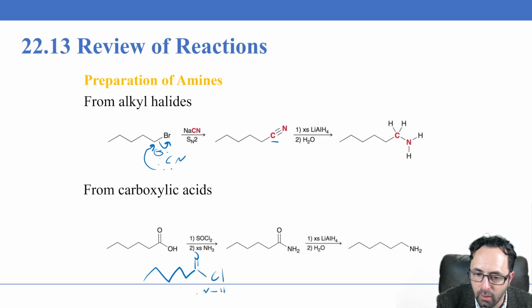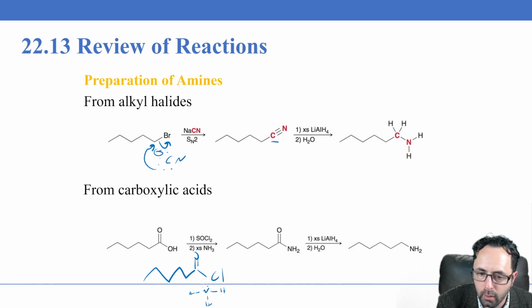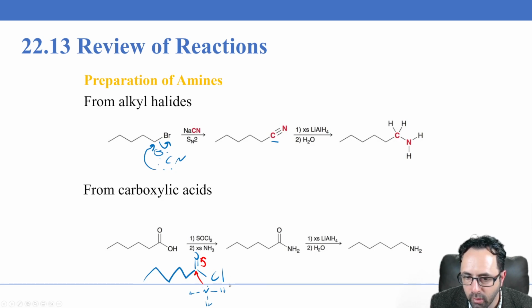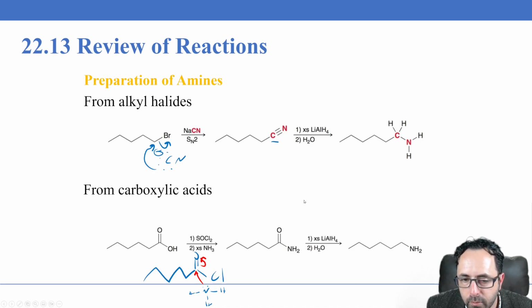This ammonia now is going to behave as a nucleophile and do a nucleophilic attack on this electrophilic carbon here, and then we'll get deprotonation by the amine, producing for us an amide. We can then reduce that amide using lithium aluminum hydride and a subsequent protonation with water to produce for us the primary amine. And this one will not introduce an additional carbon atom the way the other one did.